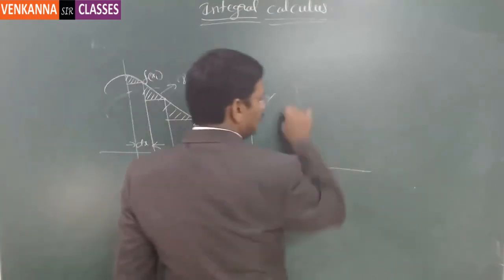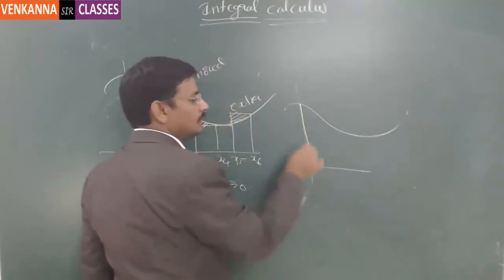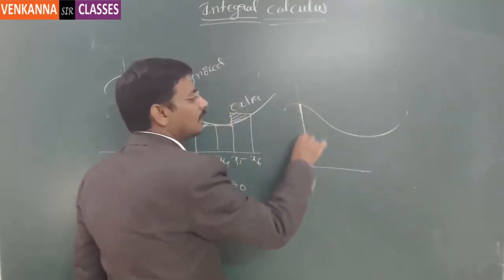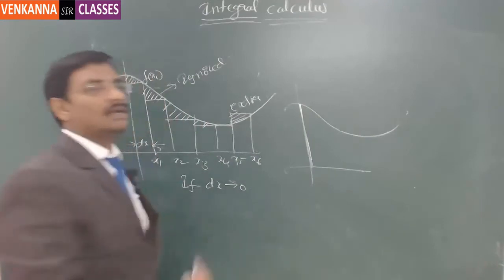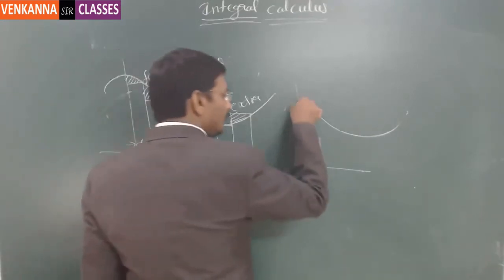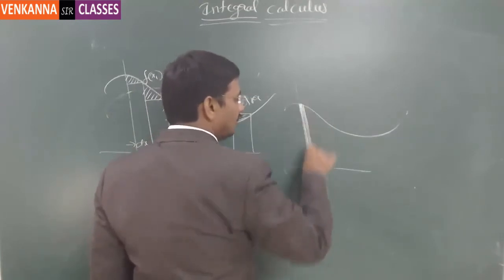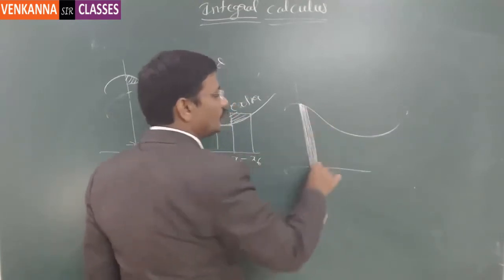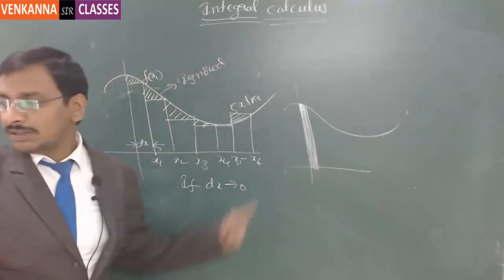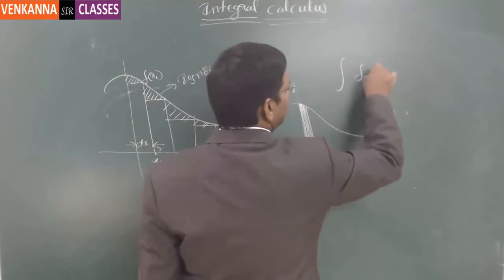That is, if this is the function, very next moment we have one strip. That means there won't be any area I'm ignoring or any area that is getting counted extra. Like this, if I make an infinite number of strips, all the sum together will give the accurate area. That accurate area is nothing but the limit of f of x dx.